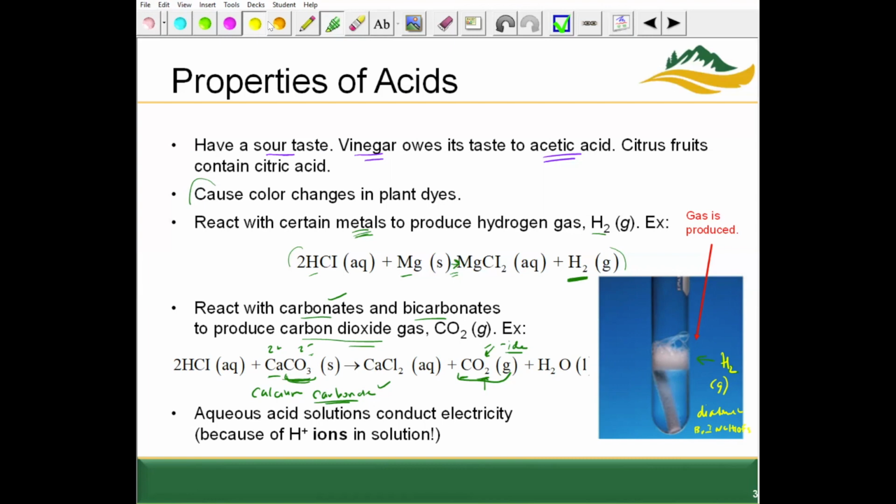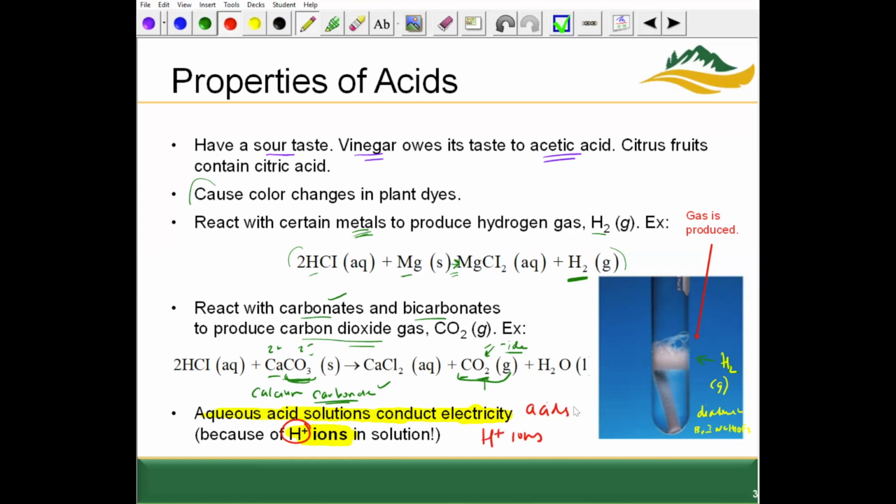Now, a really crucial property of acids is that aqueous acid solutions conduct electricity. So we talked about electrolytes in part 1. The reason that acids can conduct electricity is because they must have some ions in solution. Specifically for acids, there are these H+ ions.